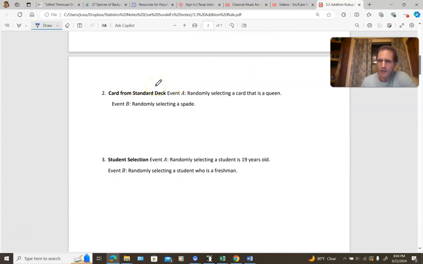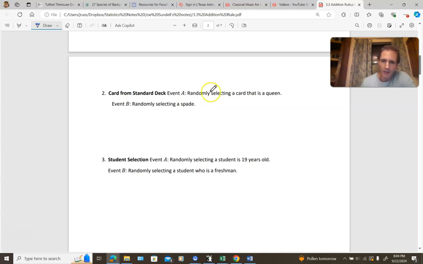All right, let's look at number two. A card from a standard deck of cards. Event A is that you randomly select a card that's a queen, and event B is that you randomly select a card that is a spade. The question is, could both of these events occur? The answer is yes, because there is a queen of spades.